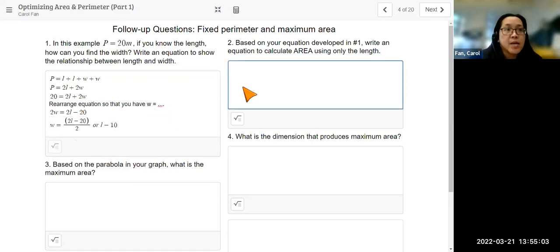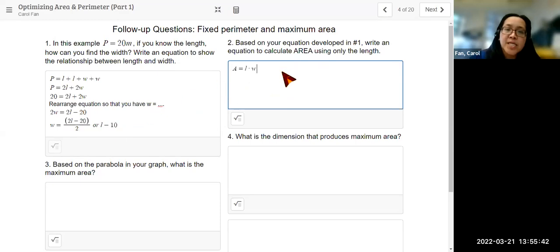Now let's say we're dealing with our area. Based on the equation that we developed, write an equation to calculate the area, but we're only going to use the variable L. So we know area is equal to length times width. But in this case, I know that width is equal to 2L minus 20 divided by 2, or we could say L minus 10.